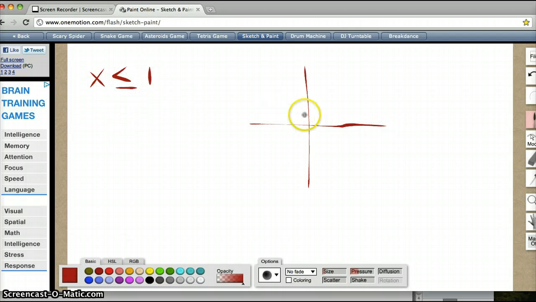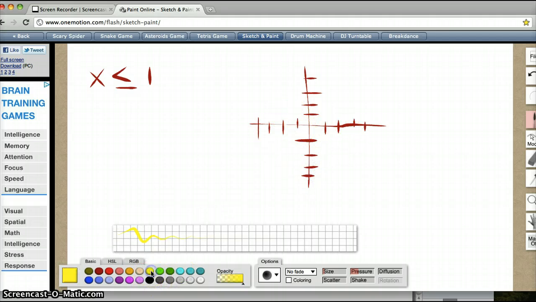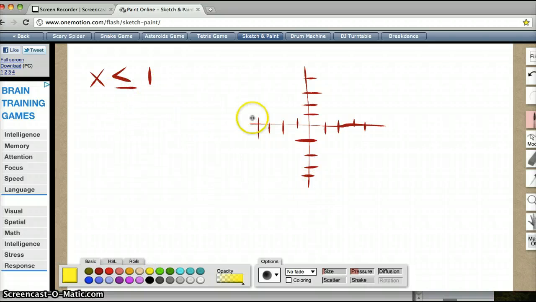We don't have y, so we're going to plug our 1 into our x-axis instead of our y-axis. Okay? So here we go. Again, we've got our graph. So here's our x-axis right here. So we're going to go ahead and plug in x is 1 on our x-axis.